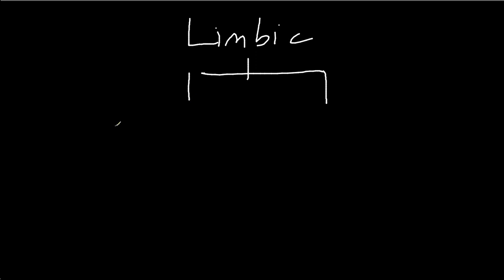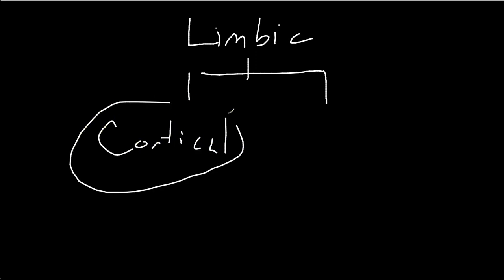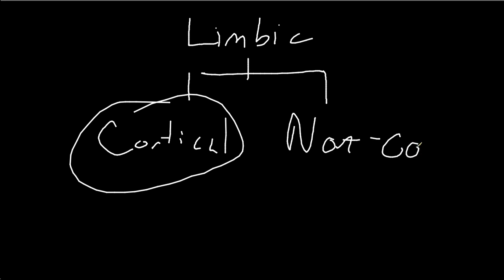And let us draw that. So we have our limbic system, which we divide into two components. The first one is cortical. And we've already spoken about the cortical components. So what's left is the non-cortical.